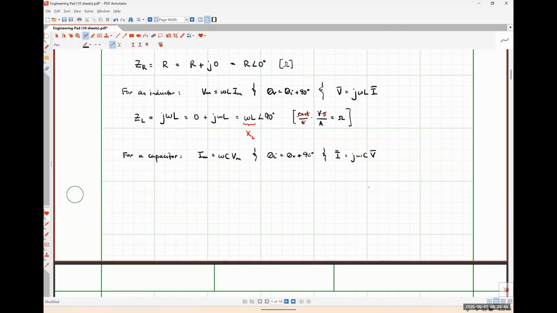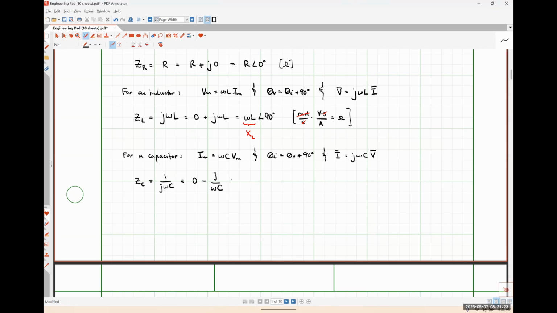So from these relationships, we can determine the impedance of our capacitor will be commonly referred to as 1 over j omega C. In a more formal rectangular form, this might look like 0 minus j divided by omega C. What I am using here is the fact that 1 over j is the same thing as negative j, and you can prove that very easily by multiplying 1 over j by a factor of j over j.